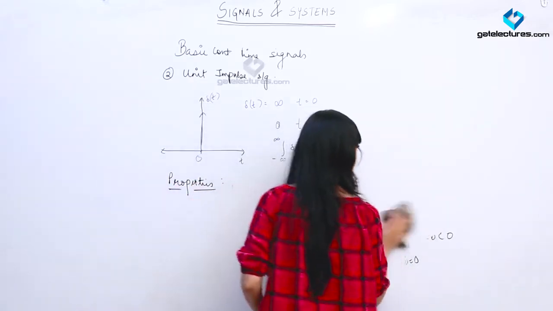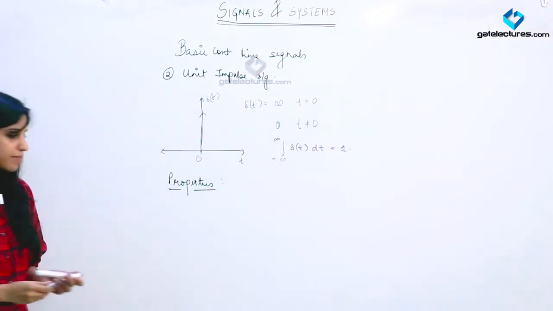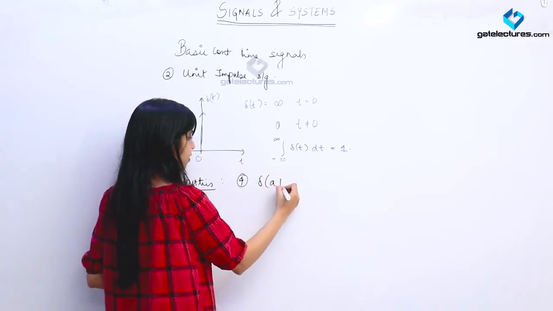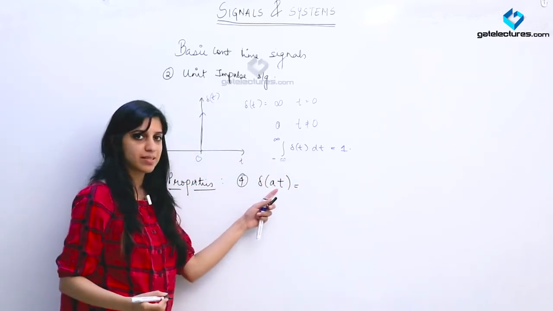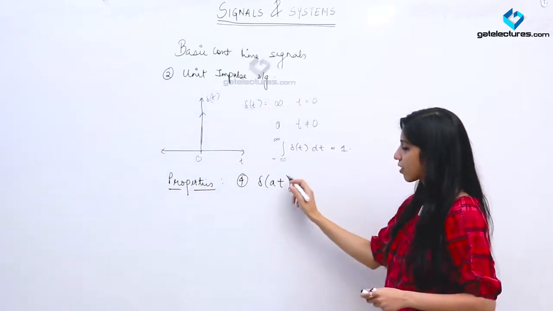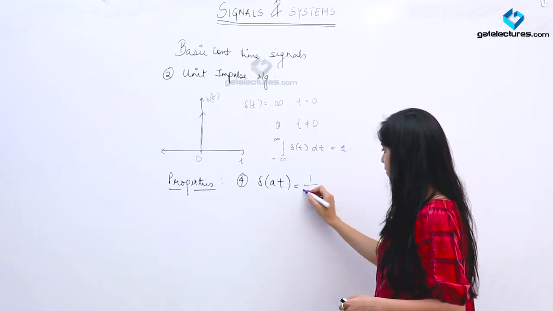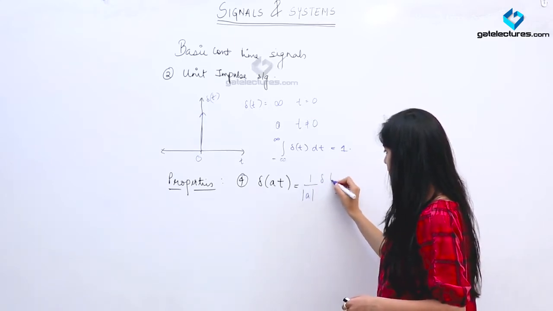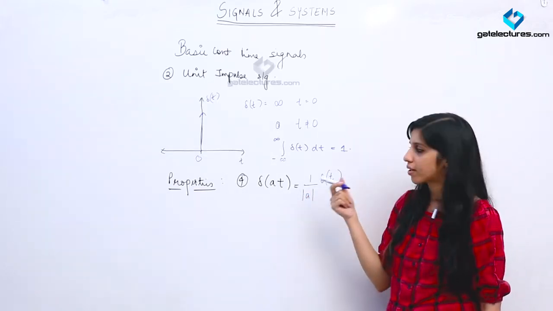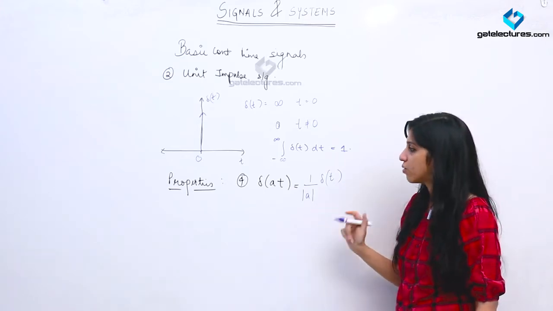So when we are scaling this function, when we are trying to time scale this function, time scaling means if I just multiply this constant a with the time inside this argument, then what happens is, why? Because see, this delta t is occurring only for t equal to 0, okay. This is not occurring for any other values of time.